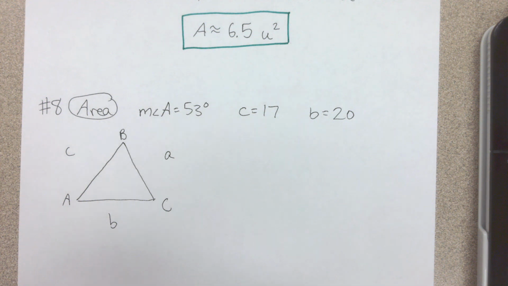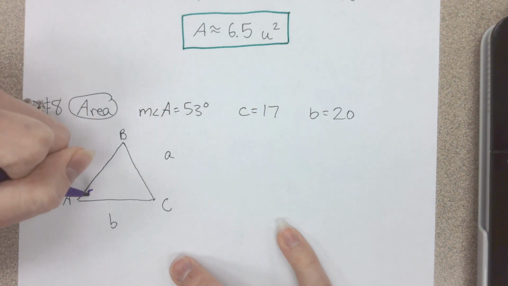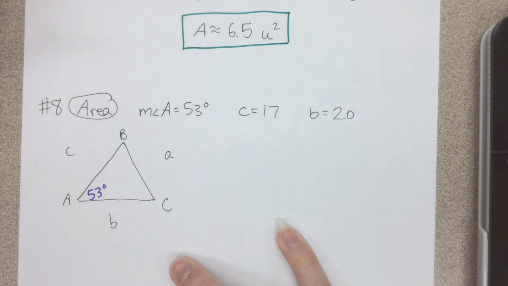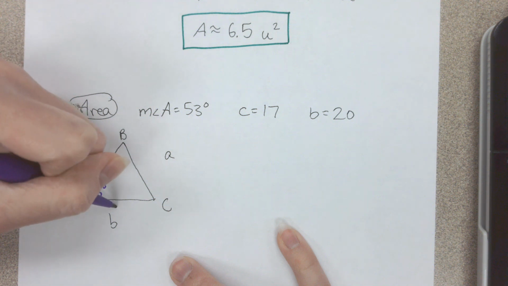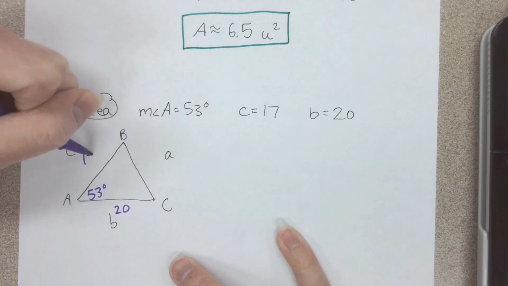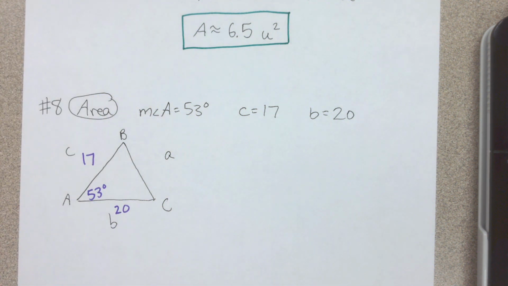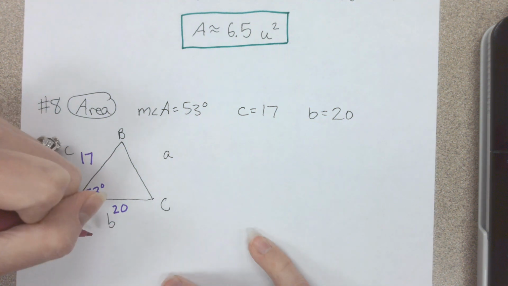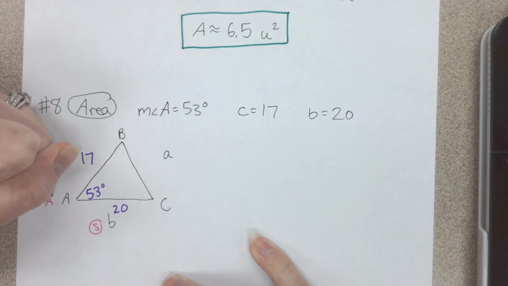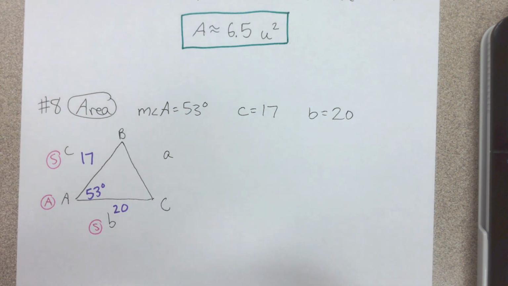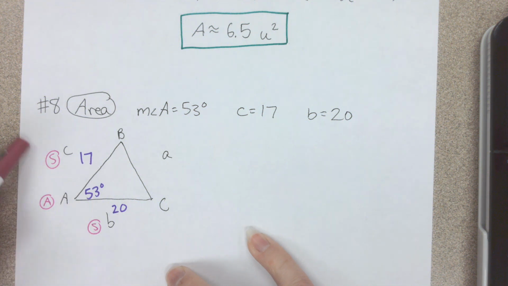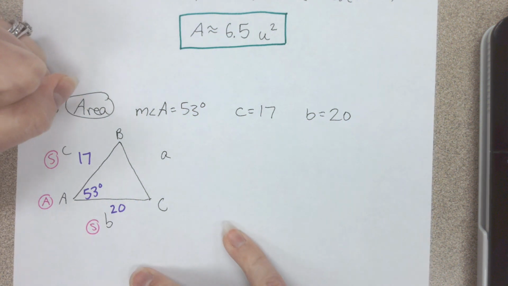Filling in the information, angle A is 53 degrees, and side B is 20, side C is 17. So we have a side, angle, side. In that order, the angle is between the two sides, so this is SAS.